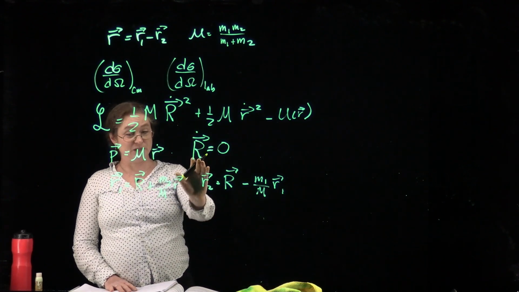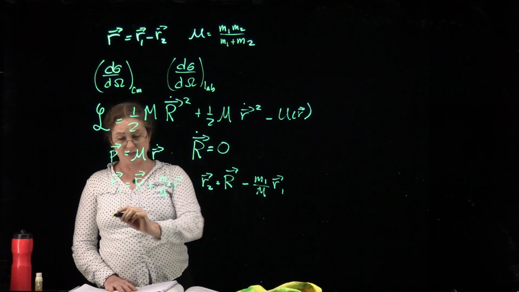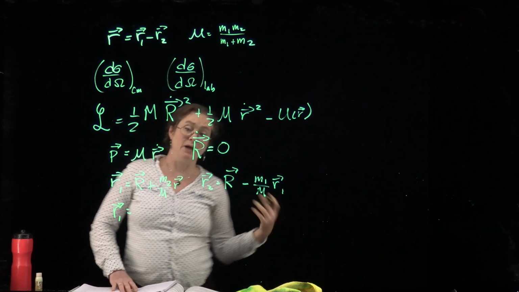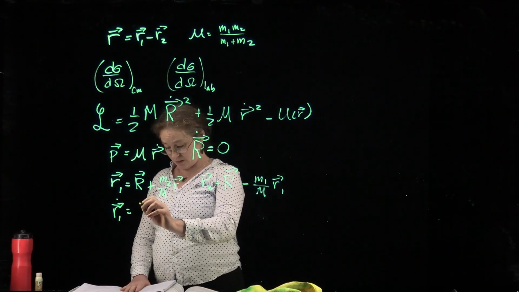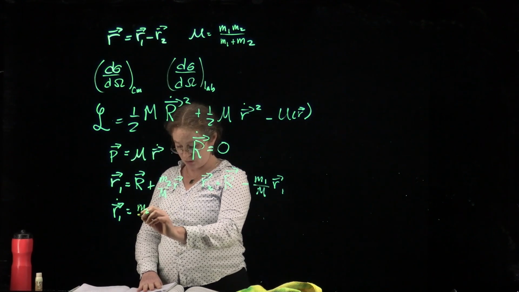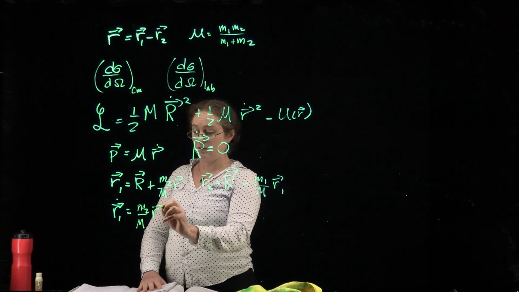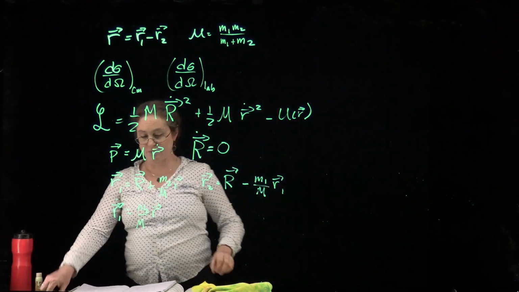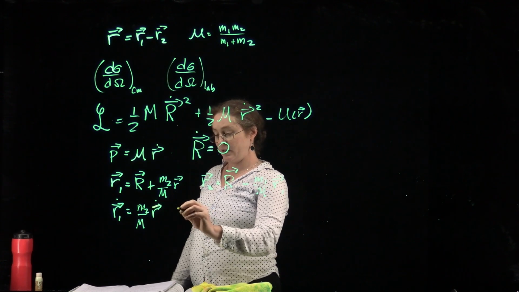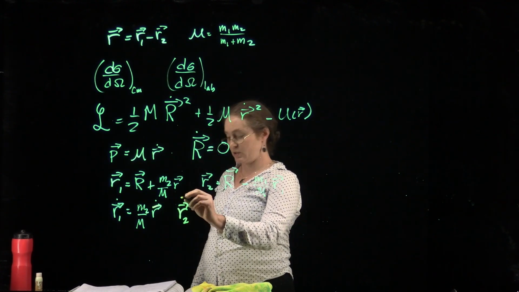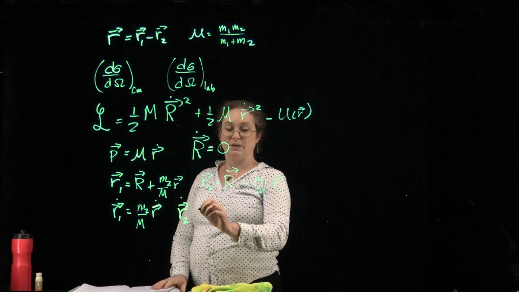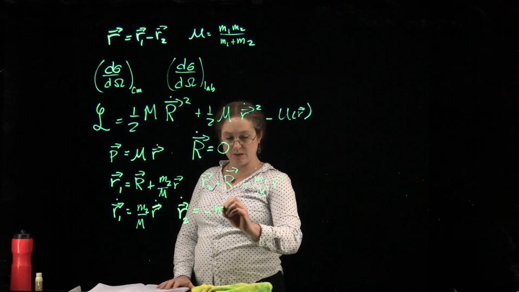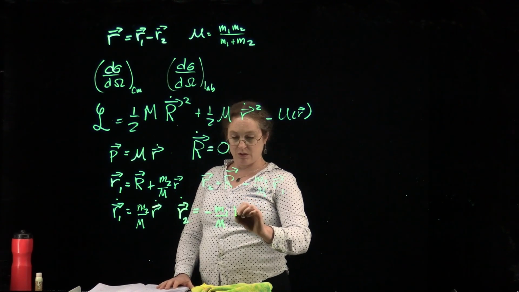So, because big R dot is equal to 0, R1 dot, and we typically use 1 for the projectile, is m2 over M r dot. And R2 dot is equal to negative m1 over M r dot.